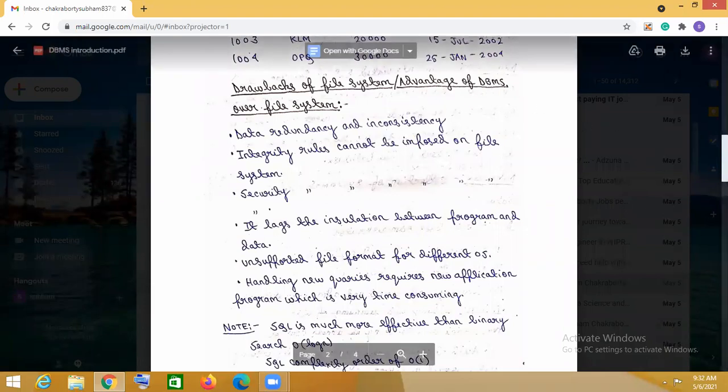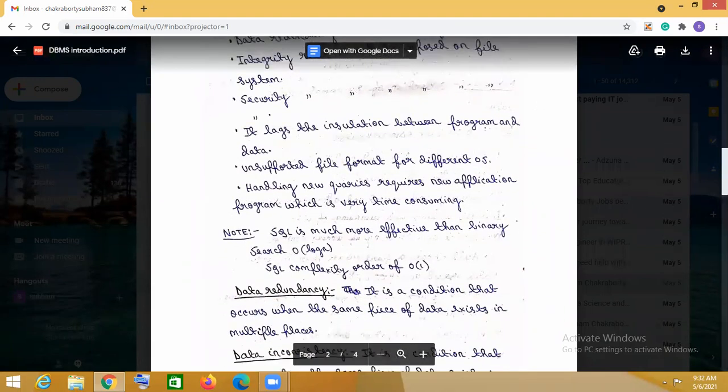So these are the drawbacks of the file system. Now, one thing you should note: SQL is the query processing language used in the DBMS. We will discuss it later, but you should know that SQL stands for Structured Query Language.